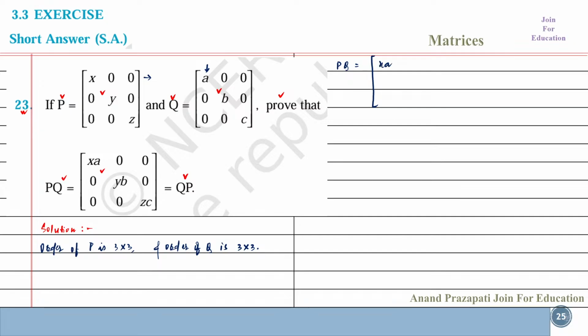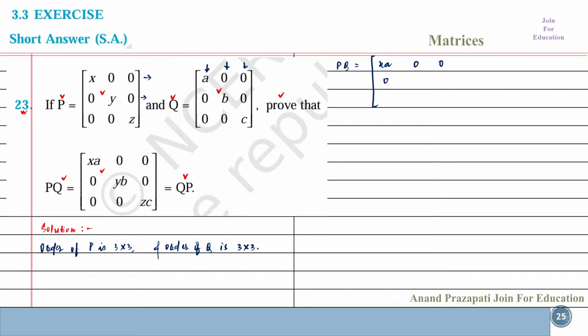First row, second column. So x into 0 equal to 0, 0 into b equal to 0, 0 into 0 equal to 0. So this one will be 0. First row, third column. So x into 0 equal to 0 and so all terms will be 0. And second row by first column, then we get 0.